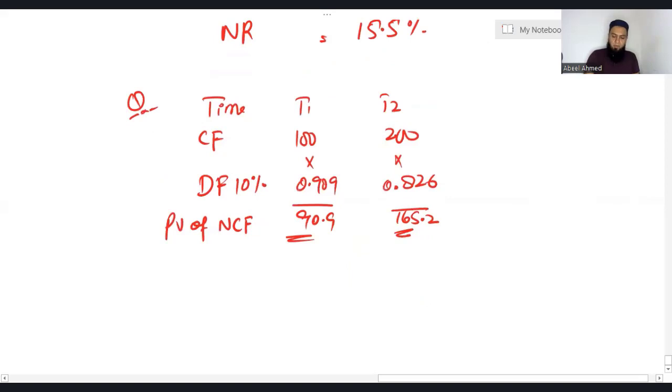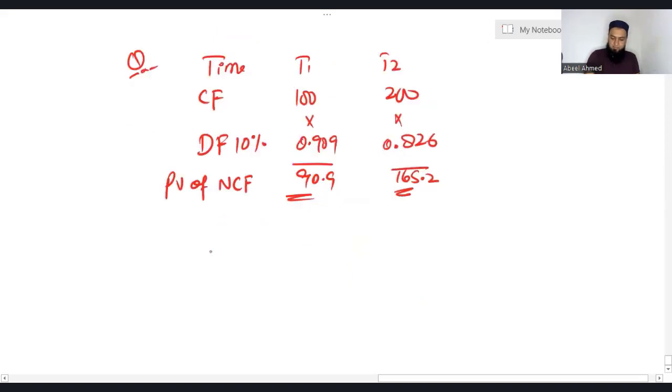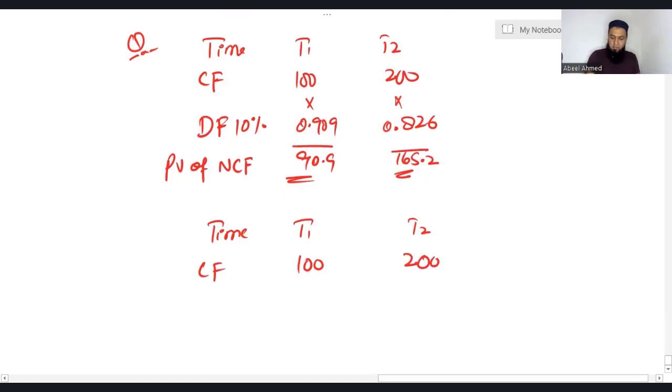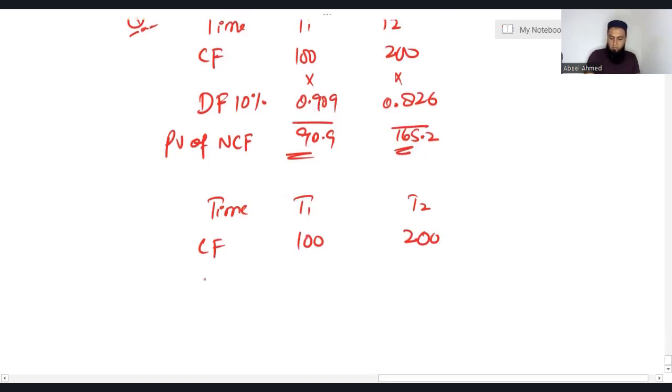Okay. Now the same example. It is T1, T2, cash flows are 100 and 200. Now let's incorporate inflation into these cash flows. Assuming the inflation rate is 5% per annum, let's multiply 100 with 1.05, and 200 with 1.05 to the power 2.